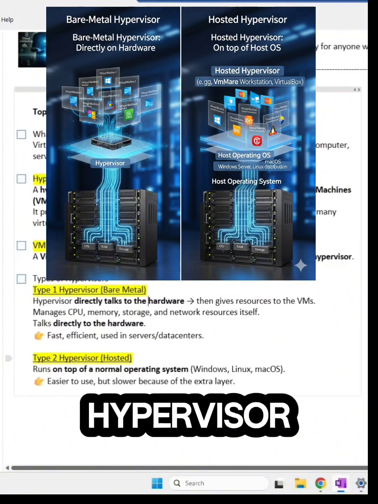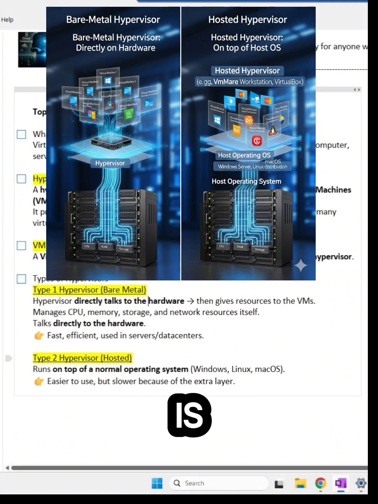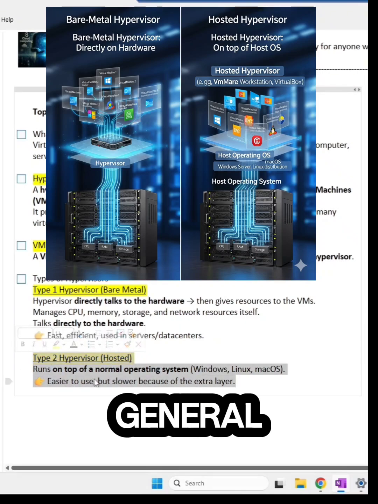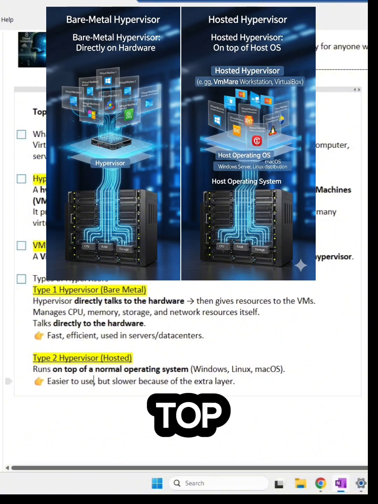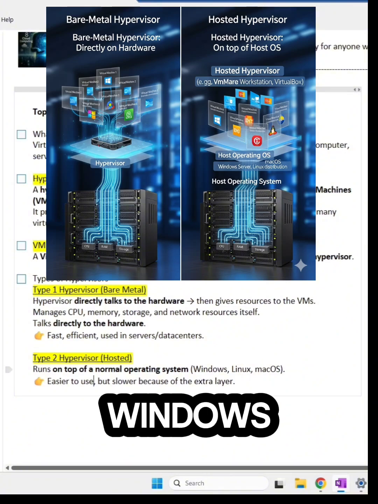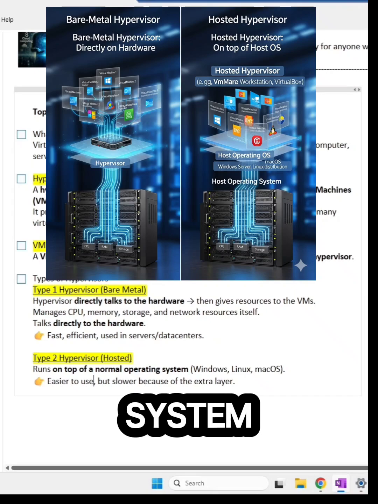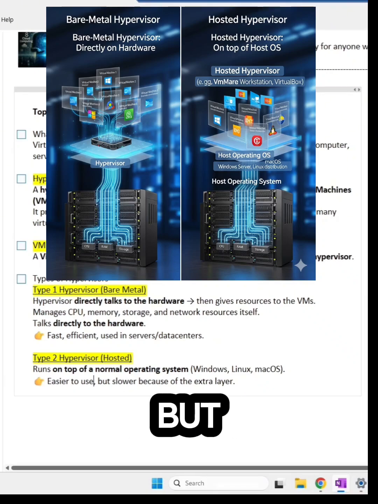And the type 2 hypervisor is hosted, which is the one that I will show you today. This is what most people use in general. Type 2 hypervisor runs on top of a normal operating system, Windows, Linux, Mac operating system. Easier to use but slower because of the extra layer.